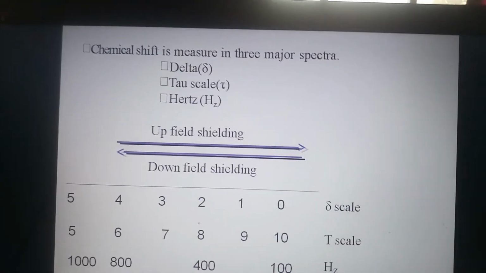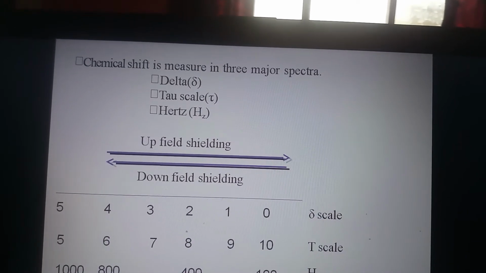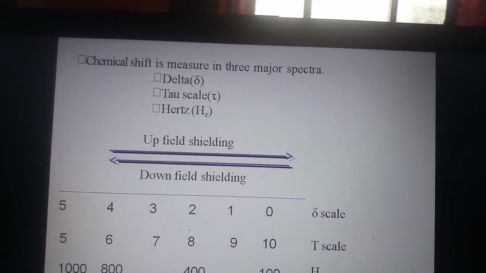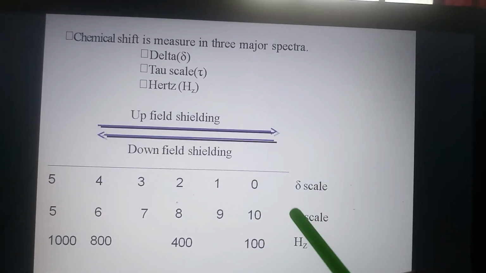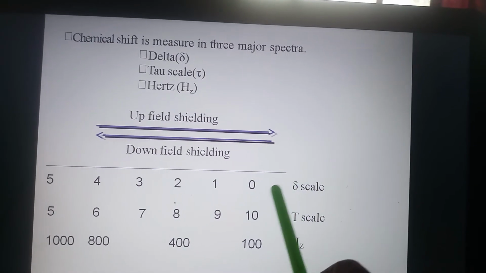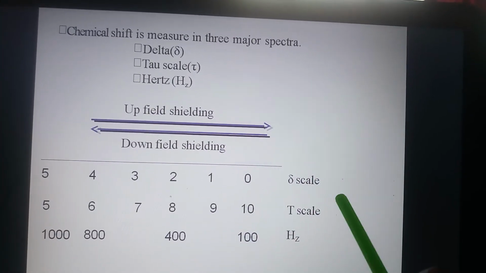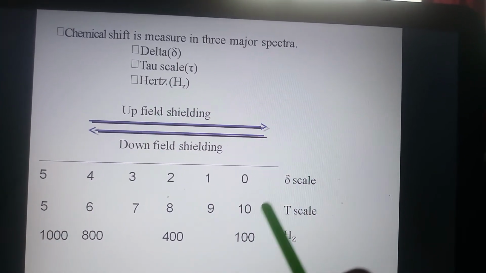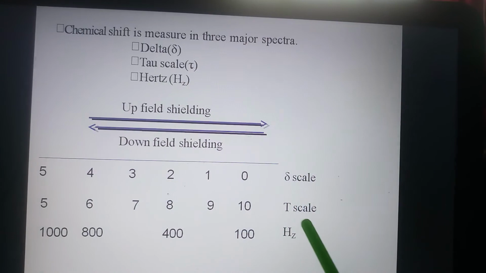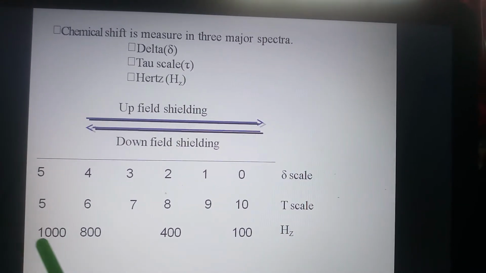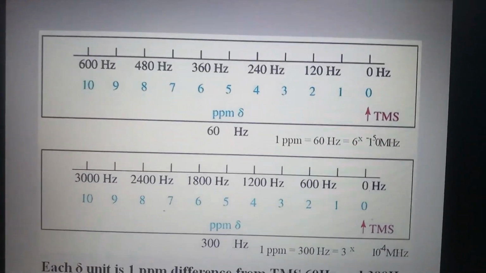Now, chemical shift is measured in general in three major ways. It is in delta, sometimes tau, or sometimes hertz. If we consider the scale, in case of delta, it starts from 0 and increases up to 10, 12, etc. In case of the tau scale, it starts from higher, that is from 10, in a decreasing manner, and in case of hertz, it starts from 100 to 1000 hertz. This is the scale.